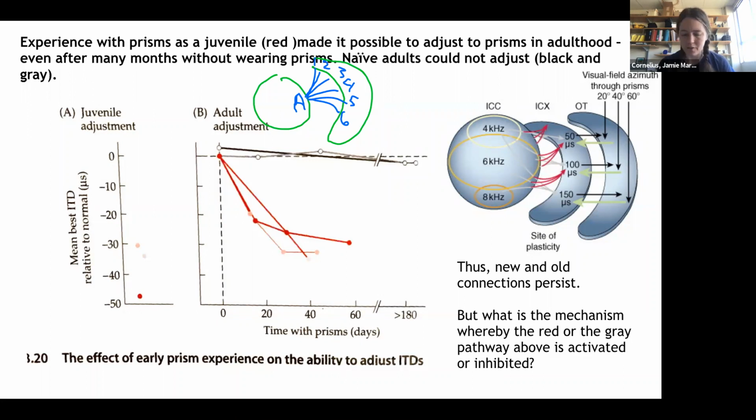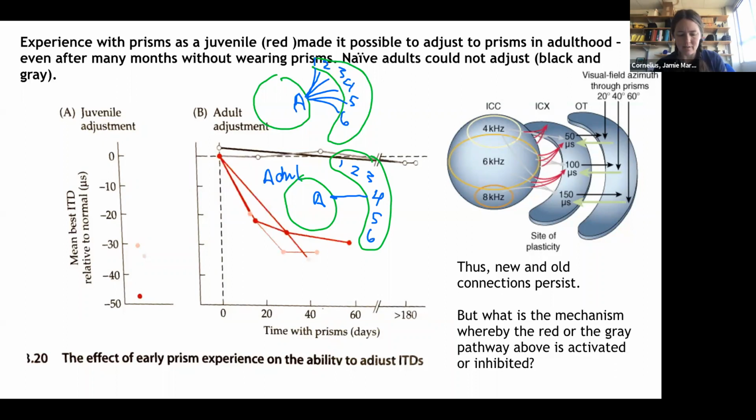If they're not used, they will eventually, as an adult, not exist anymore. A will only connect to 4. Even though these neurons are still there, the connection now is only from place A to place 4.